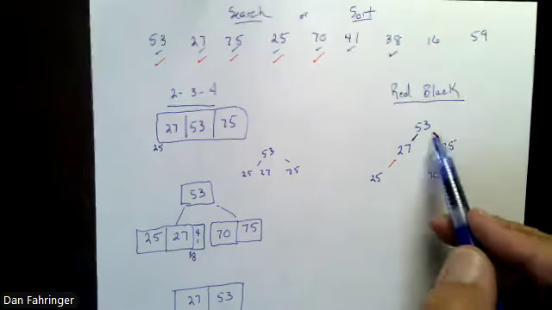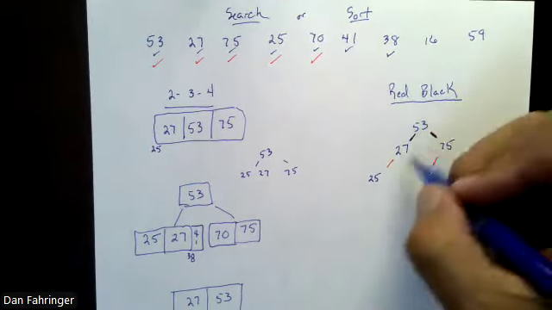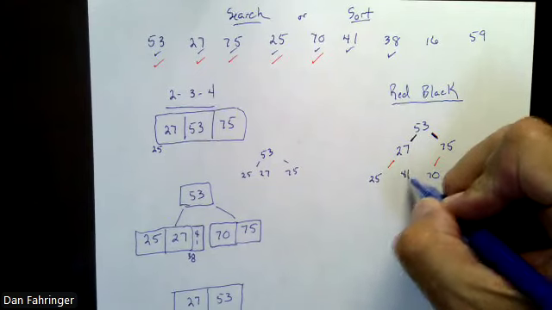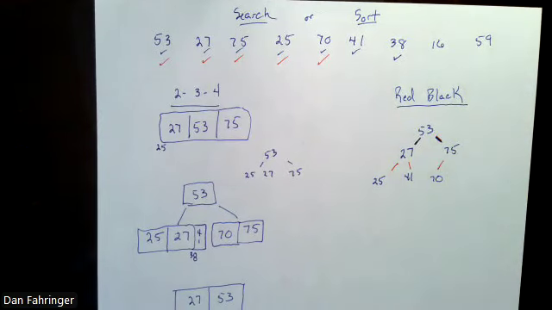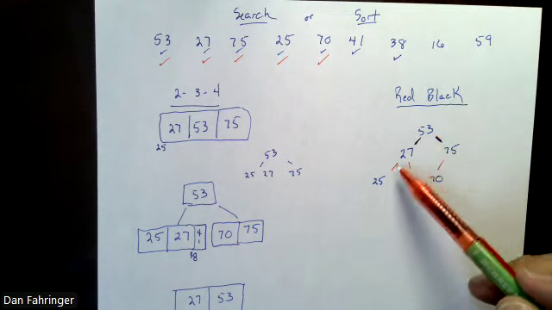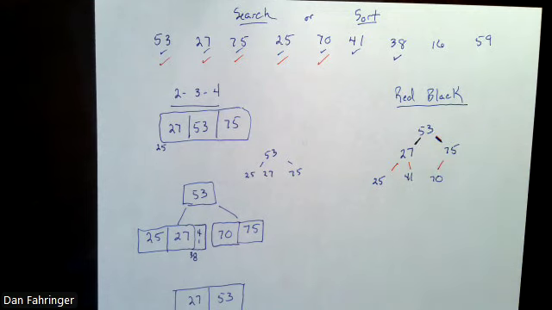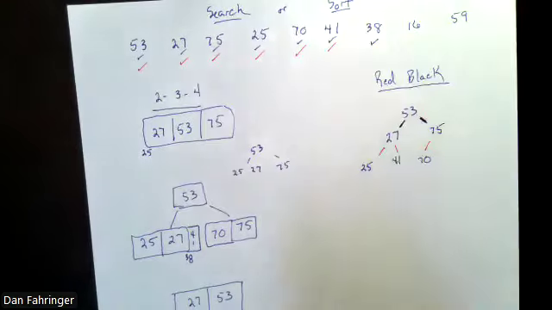I'm going to add 41. Less than, greater than. I throw 41 right there, and I add it as a sibling. All of my paths, one black, one black, one black. I don't have 2 reds in a row. So 41 is now invited.